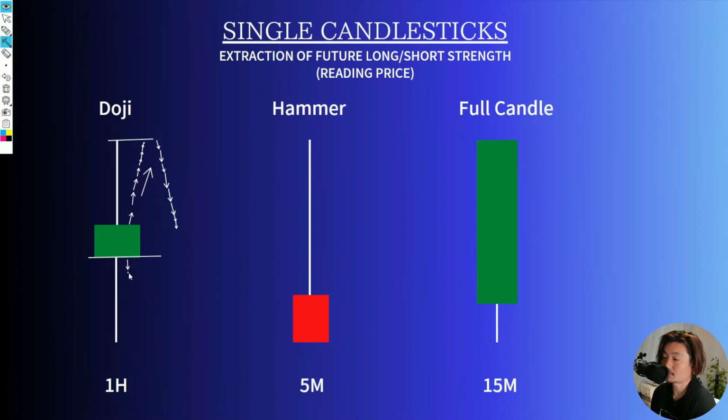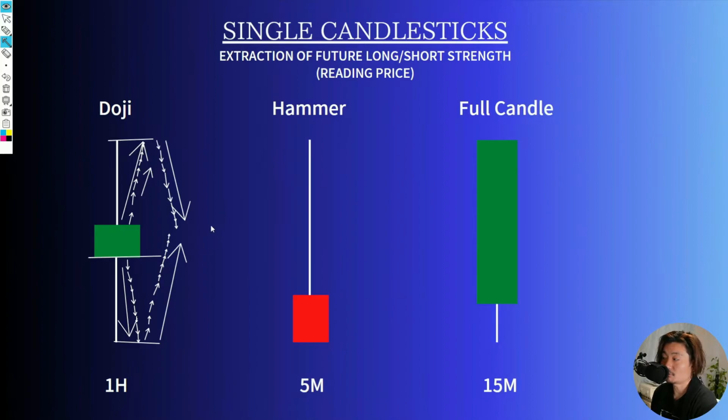Sellers were able to push price all the way down to these price levels right here. However, by the end of this 1 hour, the buyers were able to push price right back up near these close levels again, which tells us that within this 1 hour, there were an equal amount of buyers, as you can see here and here, and an equal amount of sellers, as you can see right here and here.